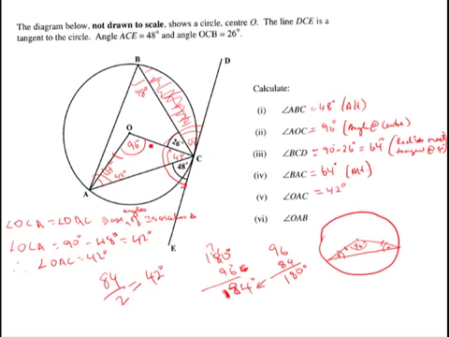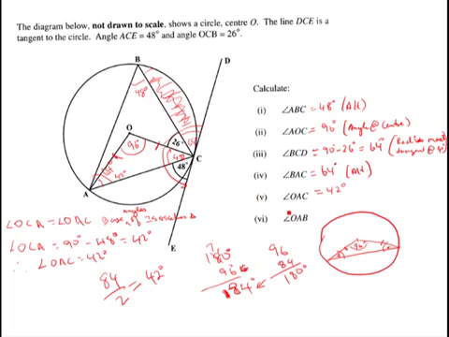We don't even have to go this route of taking 96 and dividing it by 2. Once we find one, we can find the other one. But we have to consider that it is an isosceles triangle, because if this is 42, then the other angle is also 42.